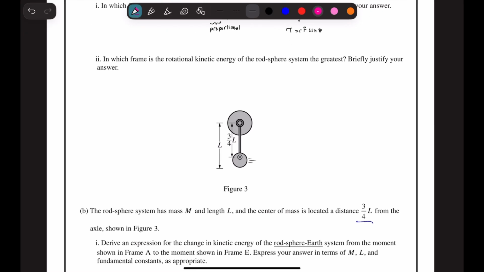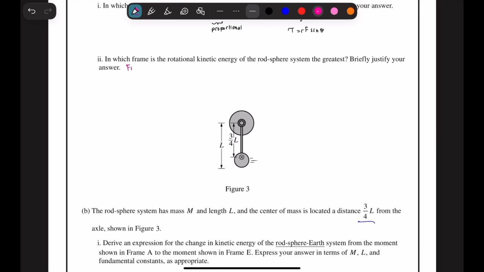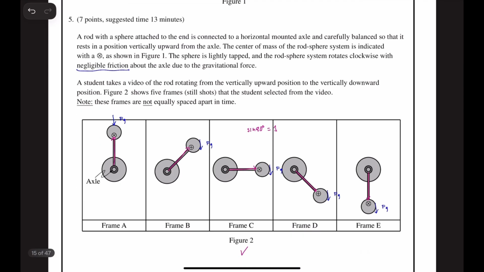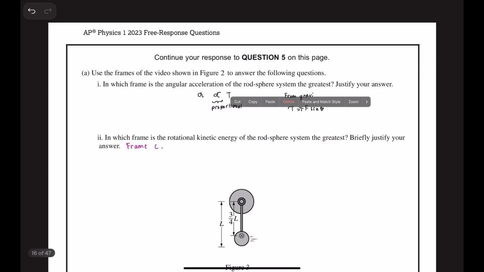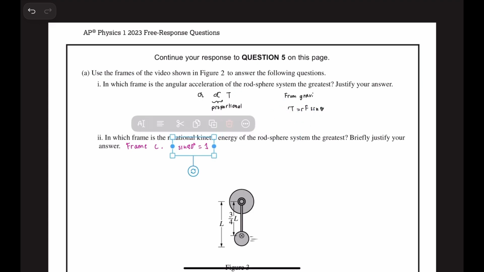So frame C, because sine of 90 degrees is equal to 1, which will maximize our answer.